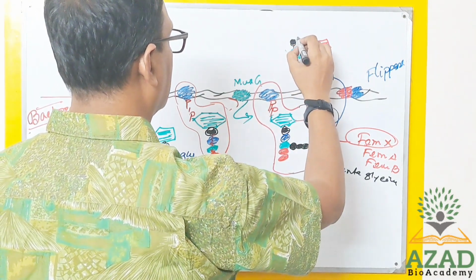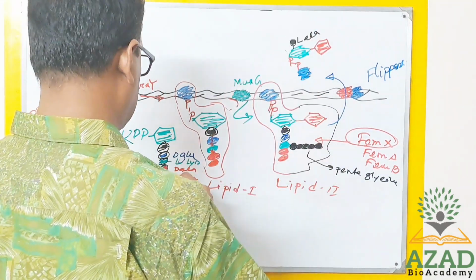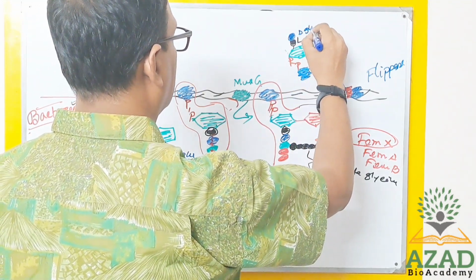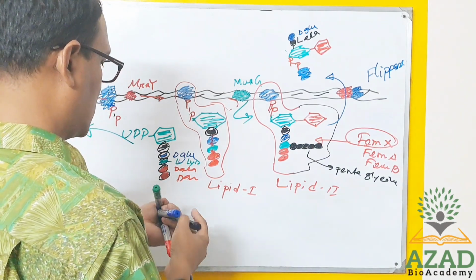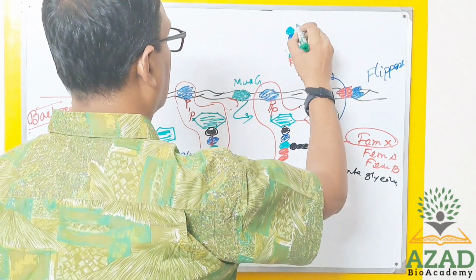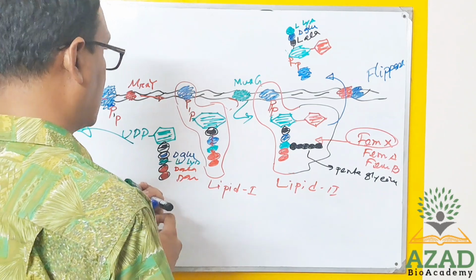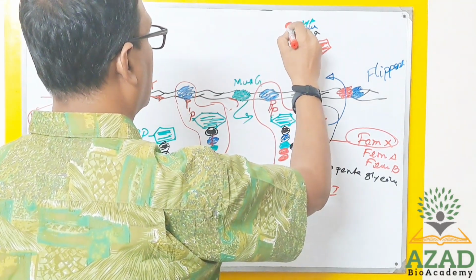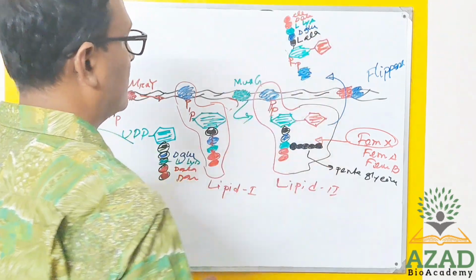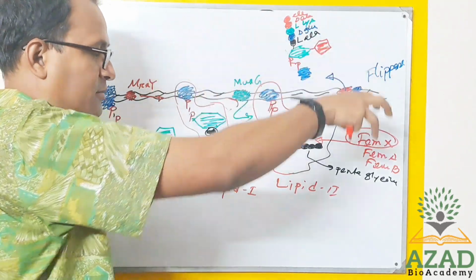One is L-alanine, second one is D-glutamine, third one is L-lysine, and then D-alanine and D-alanine.